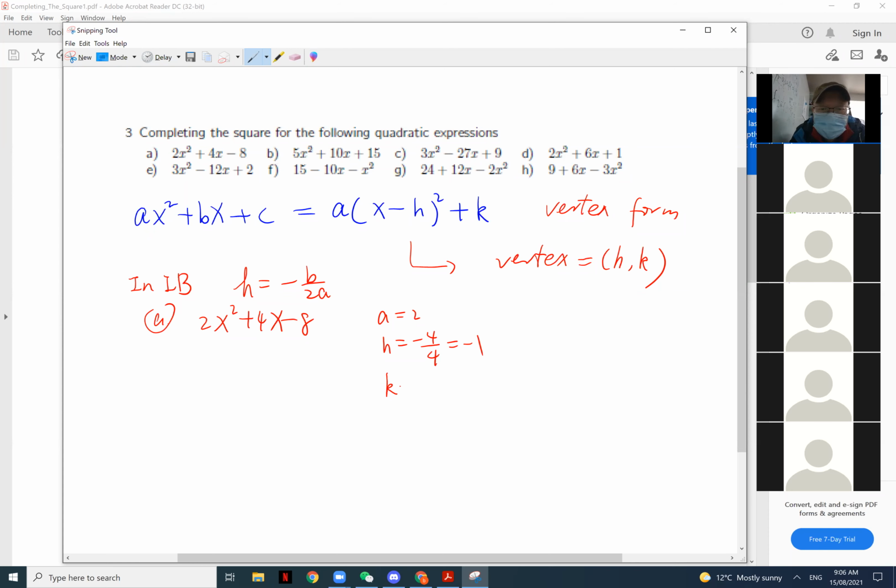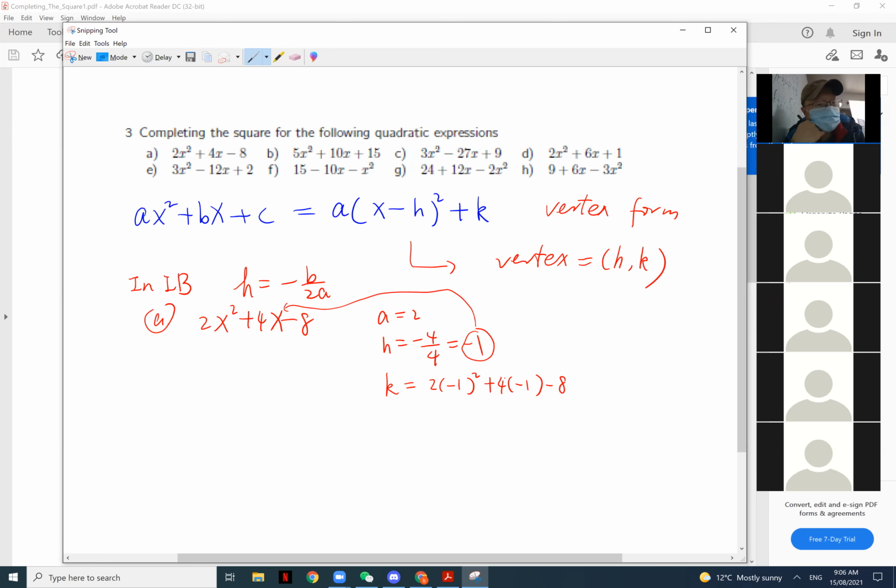How did we get k? We need to substitute h into x. 2 times negative 1 squared, plus 4 times negative 1, minus 8.